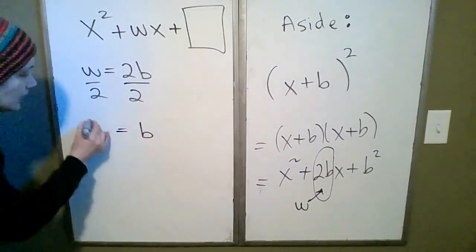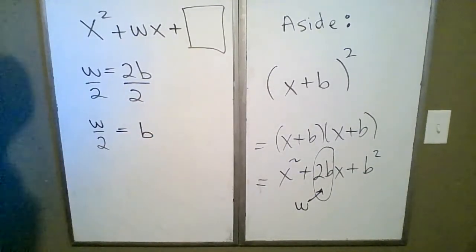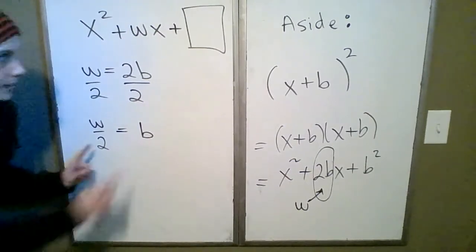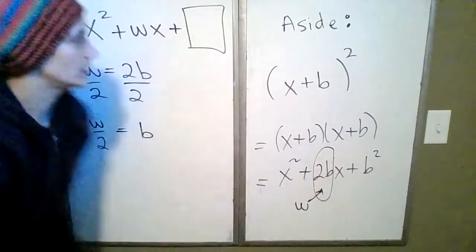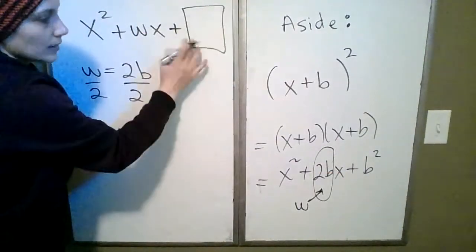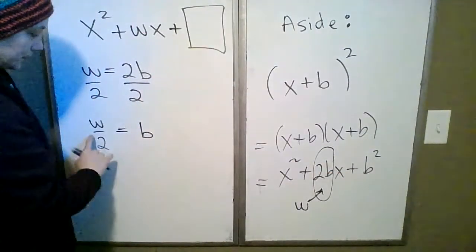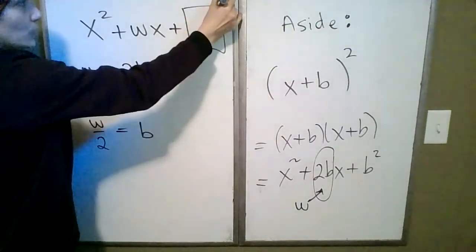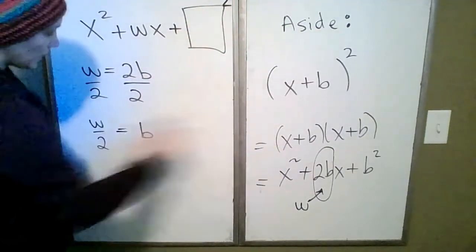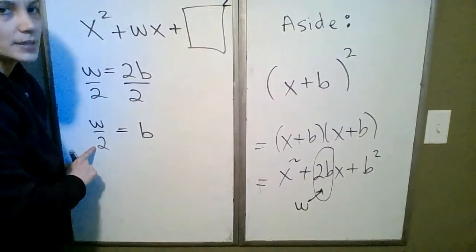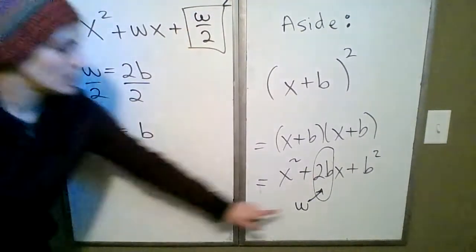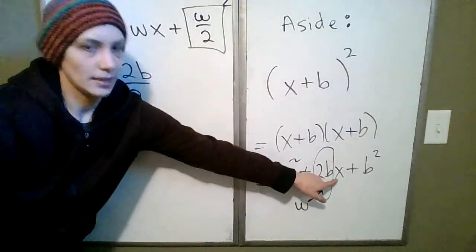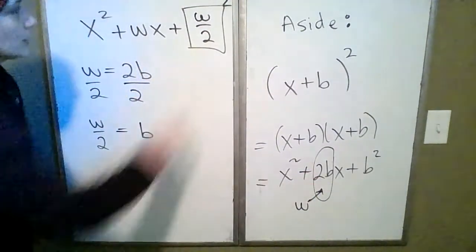And 2 on this side. And then this number that we're looking for at the end is squared. So it's this squared number, and b is inside. B turns out to be w divided by 2. And w is whatever number is in front of x.